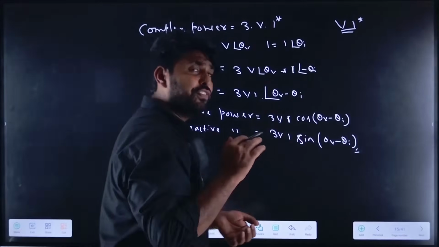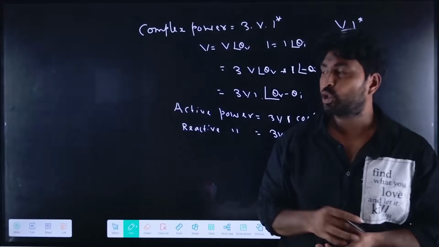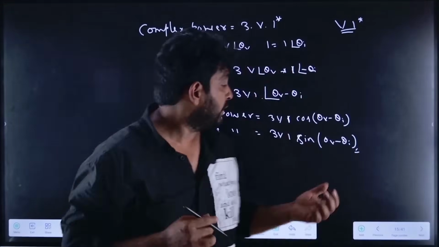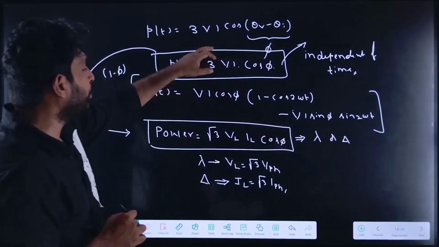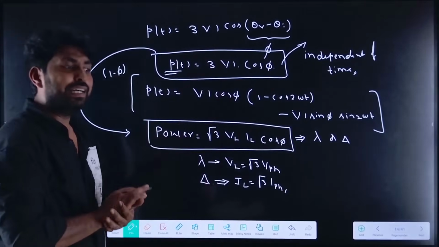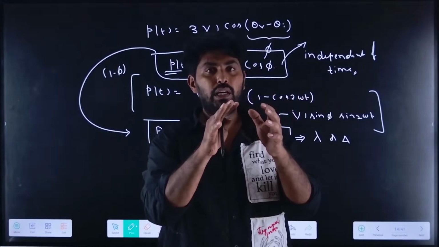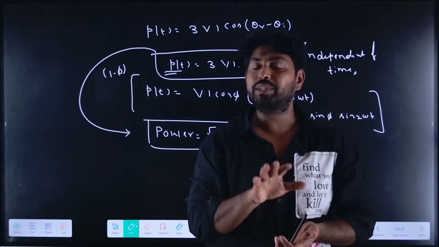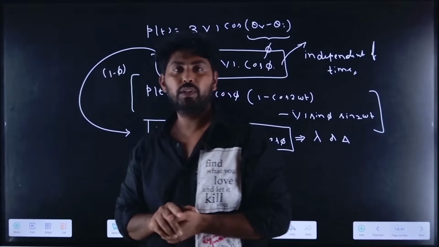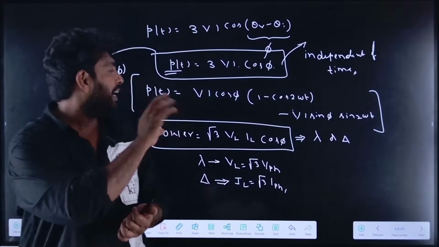But in the physical meaning, there is no reactive power in the three-phase systems. If you consider the overall three-phase system, there is no reactive power component. It is included in the 3 VI cos.